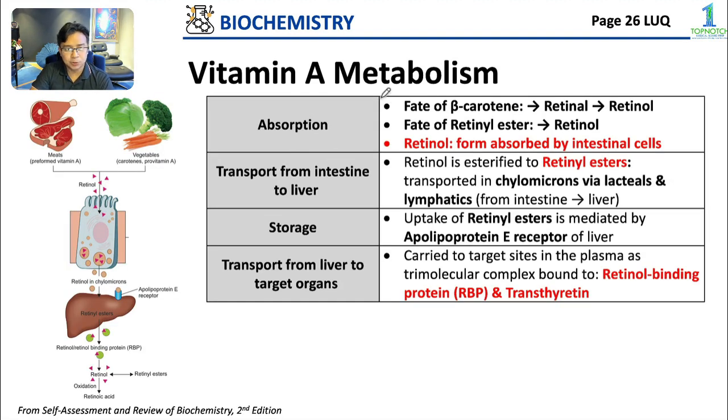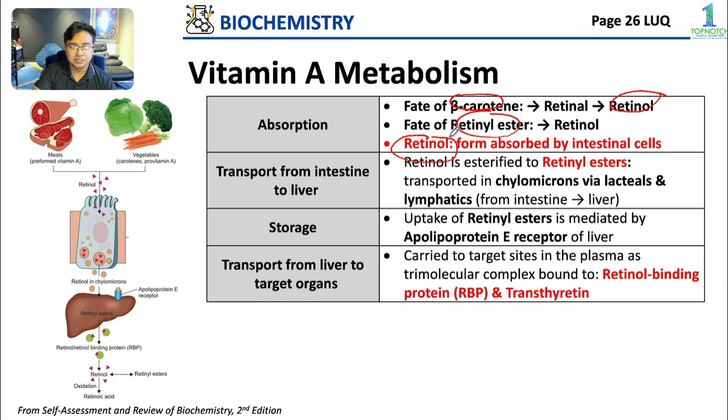Now, during absorption, as mentioned, your beta-carotene should become retinol and your retinyl ester should become retinol. Kasi retinol is the form being absorbed by your intestinal cells. Eventually, after absorption, they are re-esterified as retinyl esters in the intestine and are transported in chylomicrons via lacteals and lymphatics from the intestine going to the liver eventually.